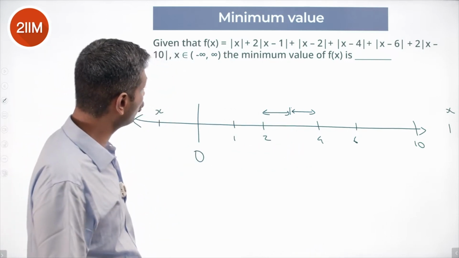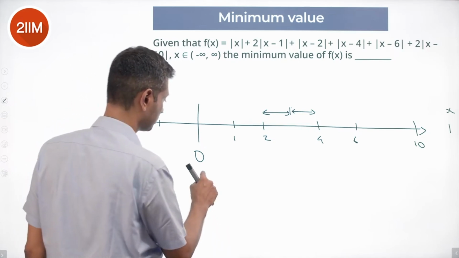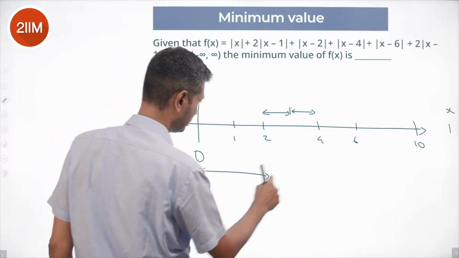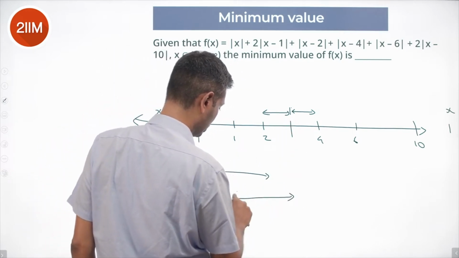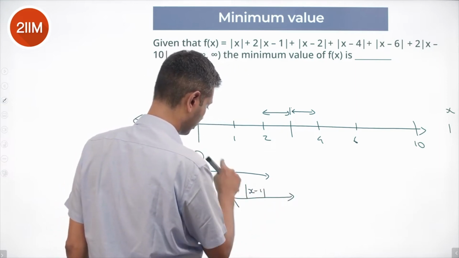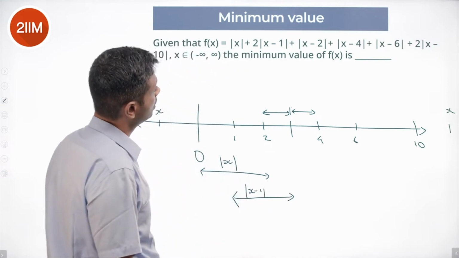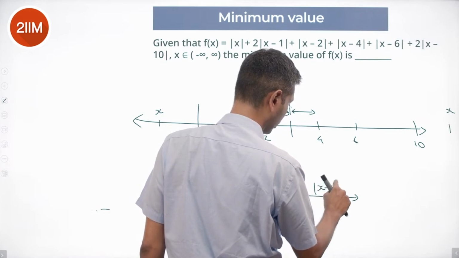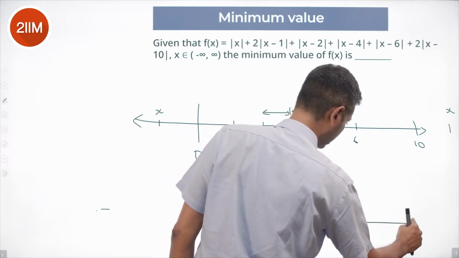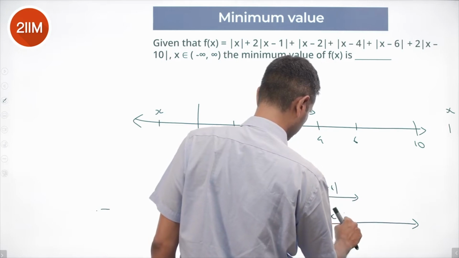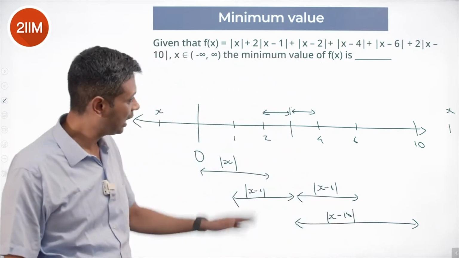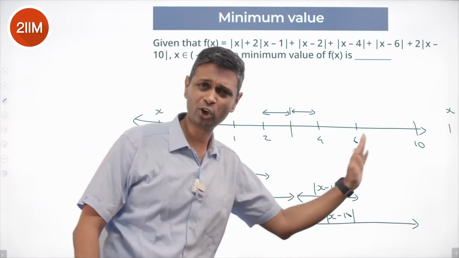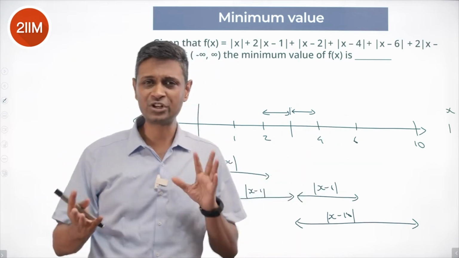Likewise, x minus 0 is this distance. x minus 1, I'm putting x here. x minus 1 is this distance. x minus 6 is this distance. x minus 10 is this distance. If I put x here, I'll have x minus 4, x minus 6, x minus 10, x minus 2. Just depending on where x moves, I'll have the numbers changing a little bit.